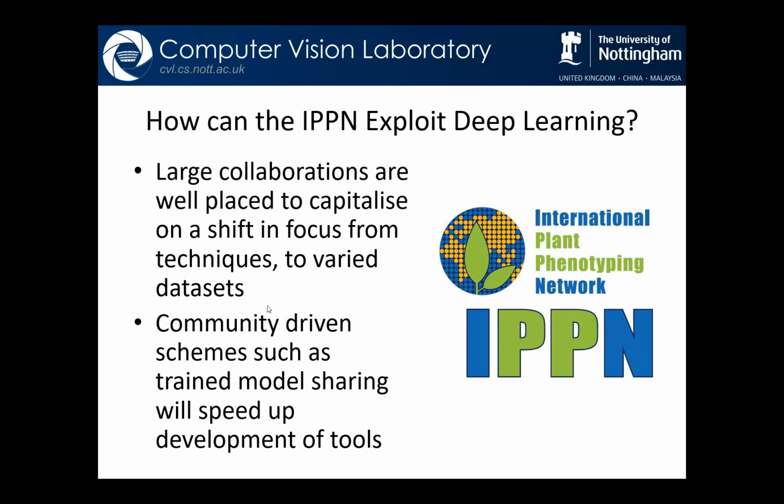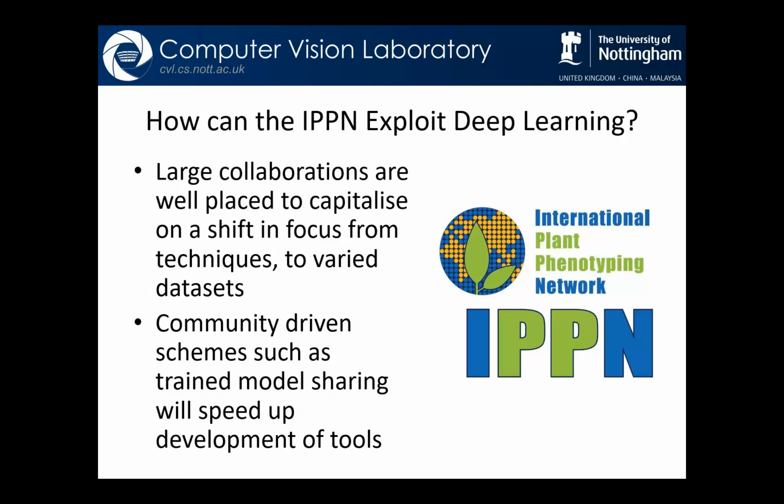Okay, so just to finish then, what is it that the IPPN can gain from deep networks, apart from perhaps just good progress in plant phenotyping? I think that the IPPN and other collaborations are very well placed as we start to shift from a focus on techniques like low-level trackers and edge detection and things to just producing lots of varied data sets that can be used to train these networks.